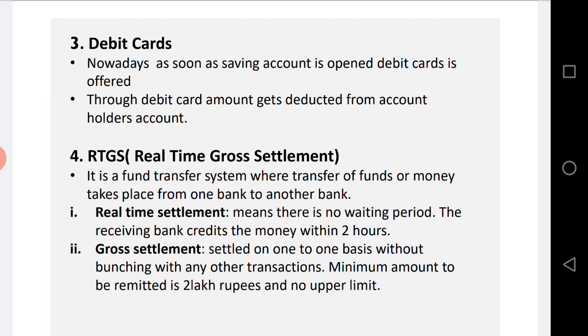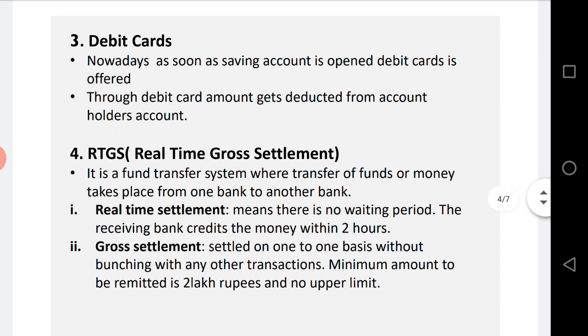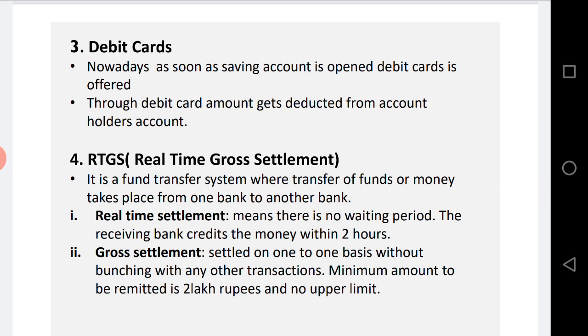Suppose from my account I have to send money to person A, person B, and person C. So I have to carry out the transactions individually. I cannot club those amounts together and send it. I have to fill the form separately. I have to make individual transactions. That is what gross settlement is.